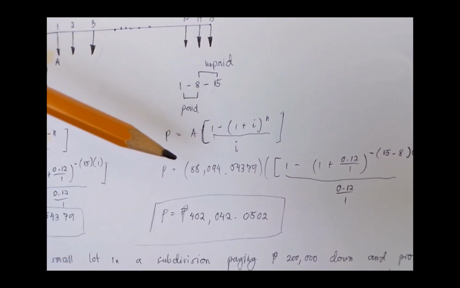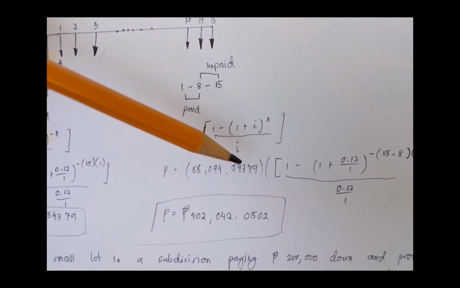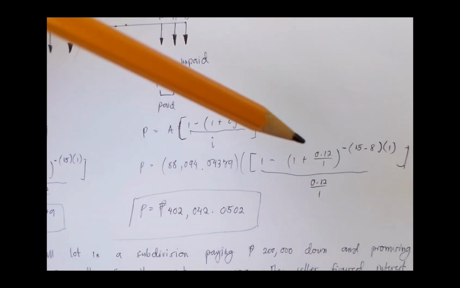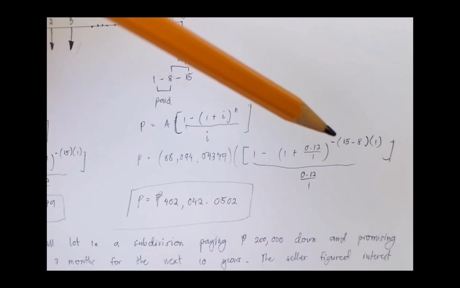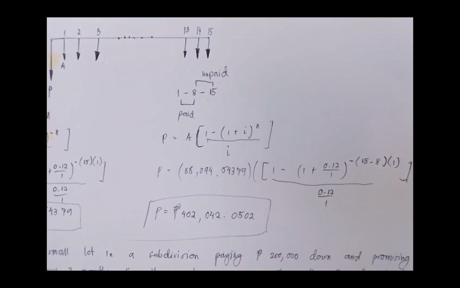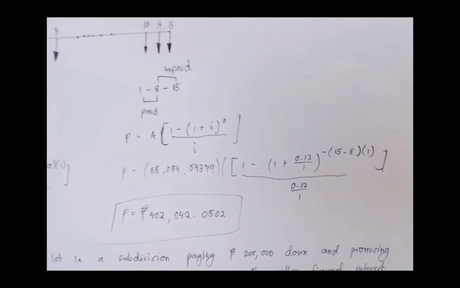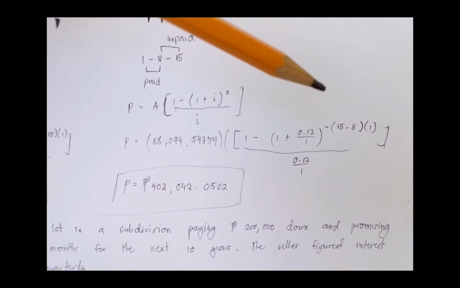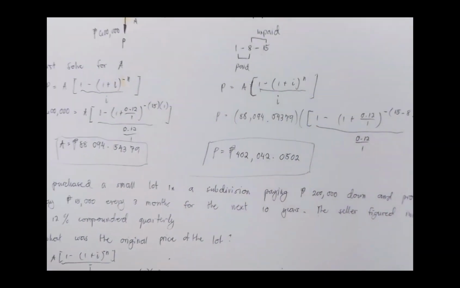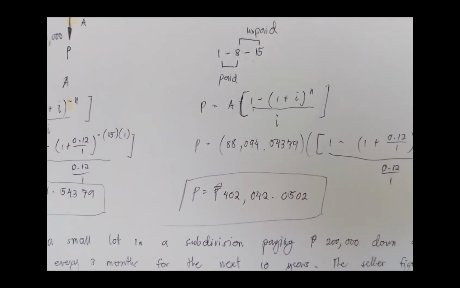So 88,094.54379 times the quantity of 1 minus the quantity of 1 plus 0.12 over 1, raised to, since he has made 8 payments, how many are left unpaid? 15 minus 8 times 1, our mode of compounding, which is annually, negative. Since this is a principal formula, the exponent should be negative.